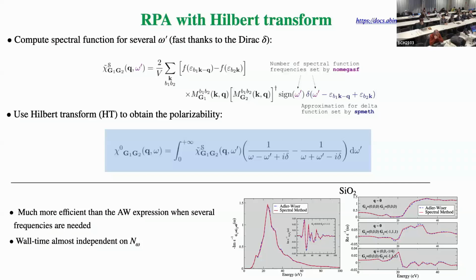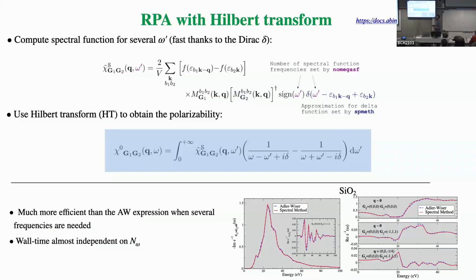In this slide, I'm essentially mentioning that if you want to compute the polarizability for several frequencies, then there's another technique whose computational cost does not scale with the number of frequencies that you want to compute. This is the so-called Hilbert transform, and it is mentioned in this tutorial. This technique is inspired by a similar method implemented in BerkeleyGW.